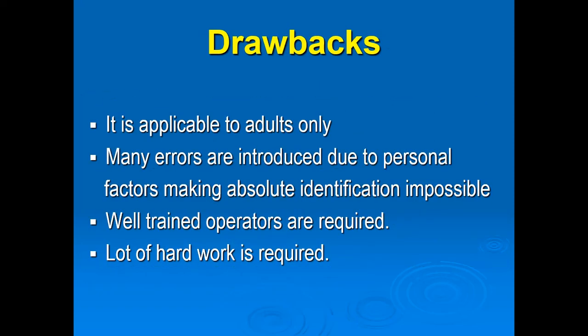Now the last slide today is what are the drawbacks. There are advantages of this system, anthropometry. Yes, it is helpful in identity, but there are some drawbacks too. The number one and main and big drawback is that it is applicable to adults only.